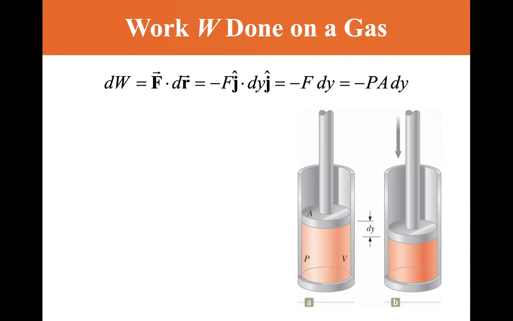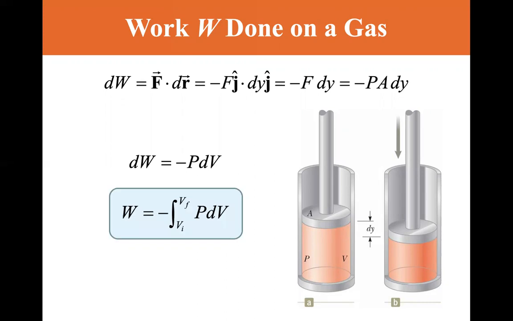Well, what is the force? Force is equal to pressure times area, and so it's minus pressure times area dy. Well, what's area times dy? That's a little bit of volume. Area times a little bit of y is equal to volume. So the dW, the little portion of work, is equal to the negative pressure times the little bit of volume, dV.